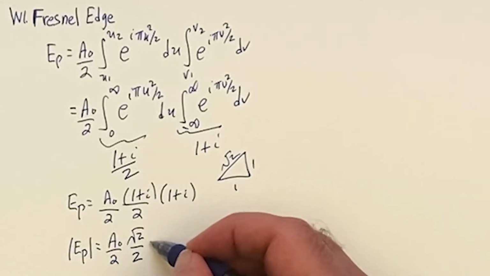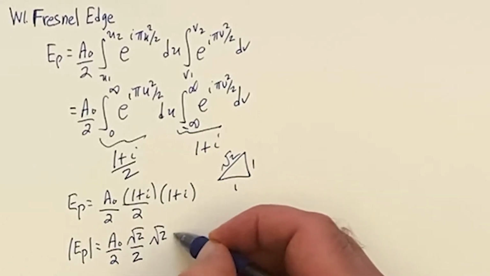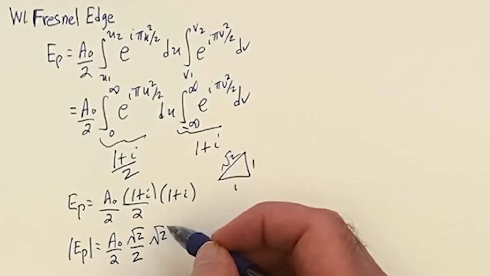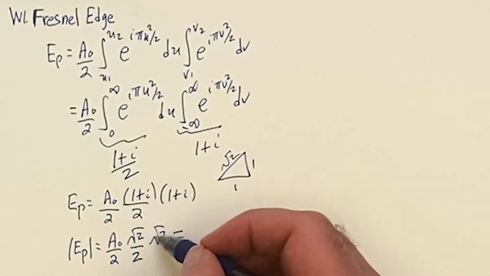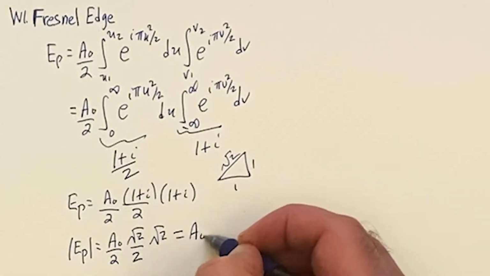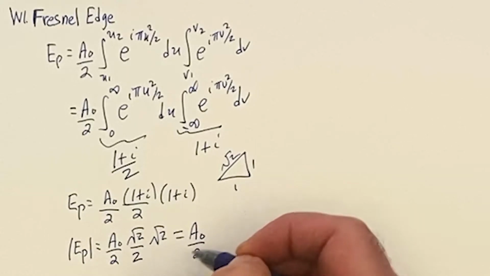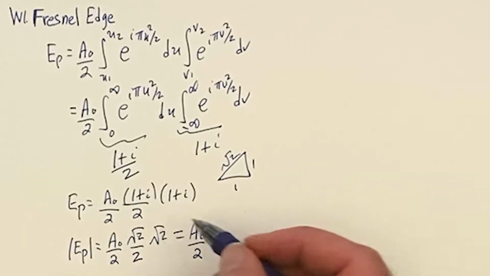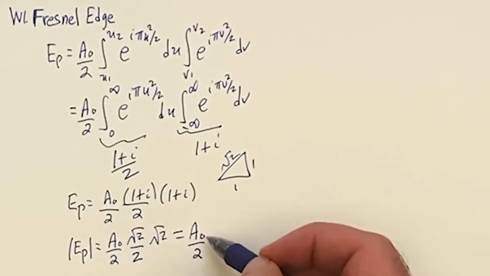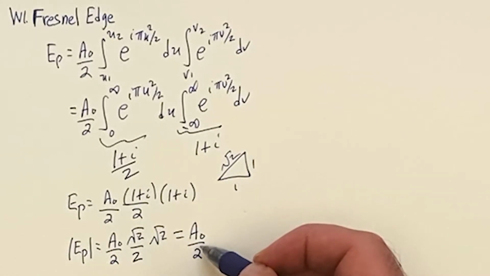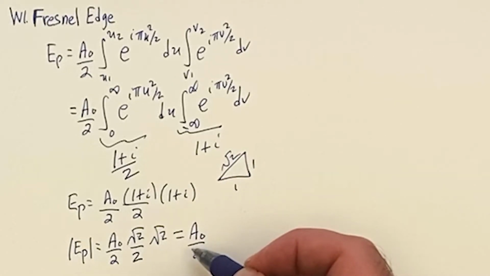And then this would be square root of 2. So when you look at this, you find that these 2 square roots will kill that, and you're left with a naught over 2. And that says that the amplitude is 1/2 the amplitude of the unobstructed beam, which is interesting. But when you square this thing for the irradiance, you get 1/4.